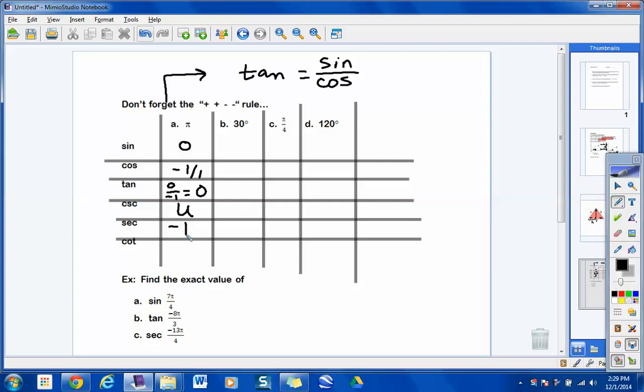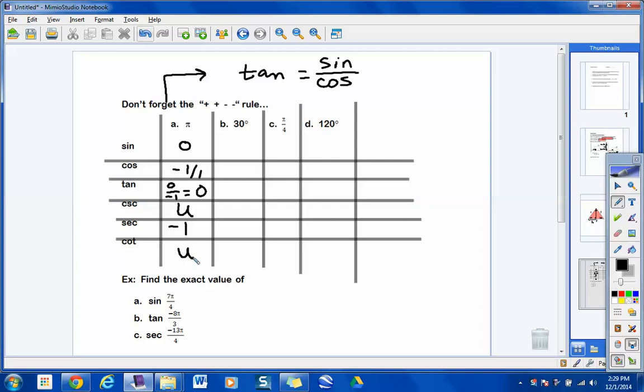All right, guys, if the tangent is 0, what's that mean about your cotangent? Undefined. Okay, good. Guys okay with that first one? Starts out pretty easy, sine, cosine, and you have to use those two values to figure out the rest.